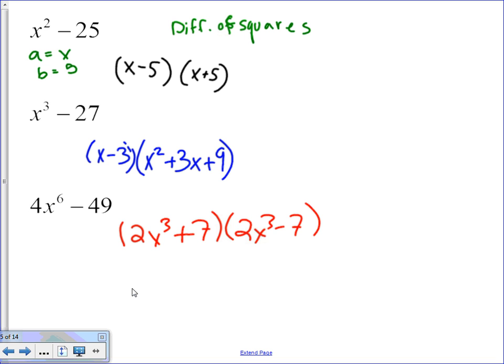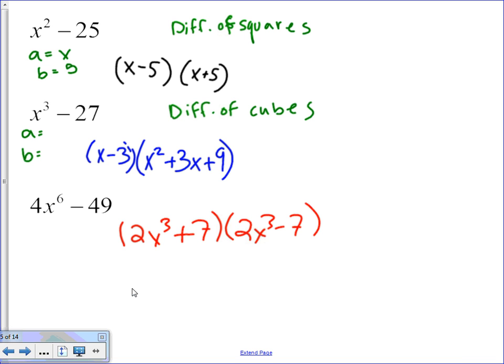Okay? And we can use that same strategy to help us with the one that Hannah did. So Hannah, you decided x cubed minus 27 was which special factor pattern? Difference of perfect cubes. Yep, this is a difference of cubes because x cubed is a perfect cube, 27 is a perfect cube, and they're being subtracted. So when you're deciding what to put in, you have to decide what your a and your b are.